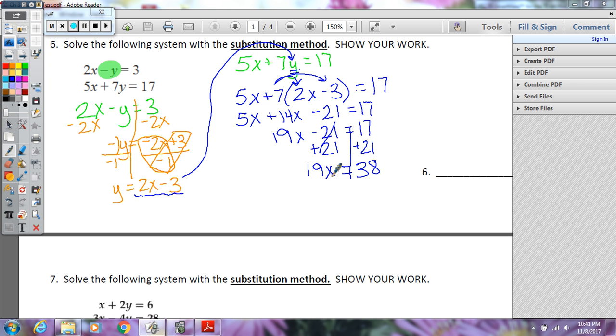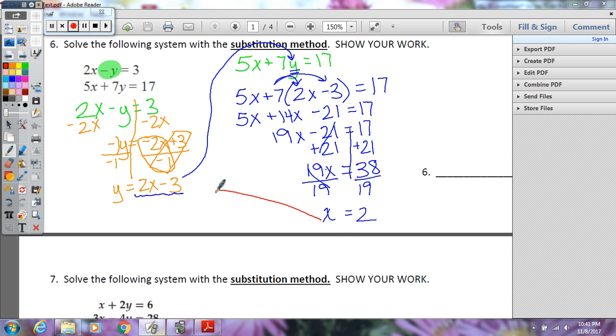We're still solving it for this x value. That's 19 times x, so we're going to come in and divide each side by 19. Well, when I do that, I'm going to get x is equal to 38 divided by 19 is 2. Yep.